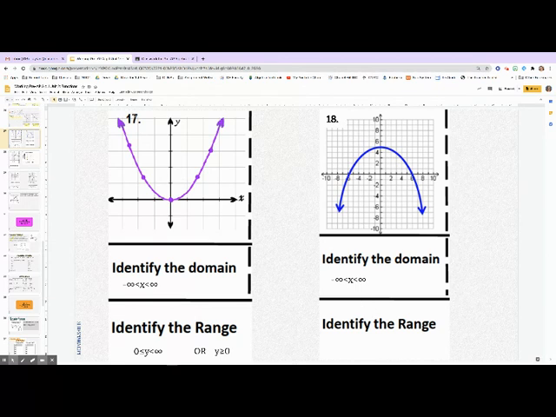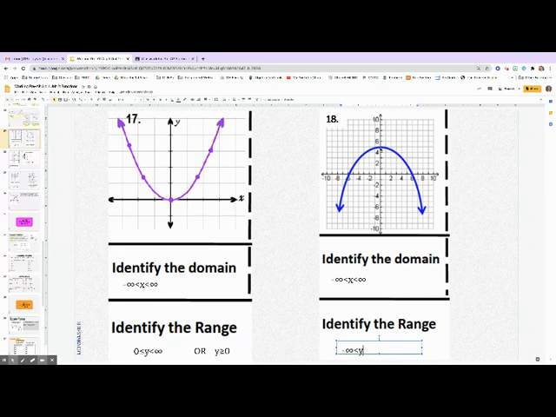Let's see. I'm going to insert a text box. So negative infinity. Well, let's get an infinity symbol. Control C. Is less than y. And then how far down it can go, and then how far up it can go.